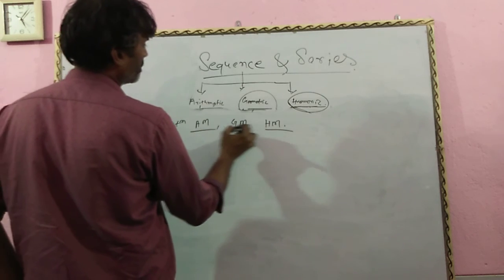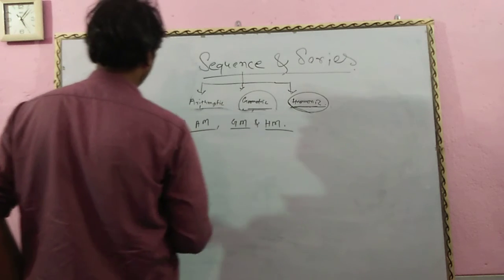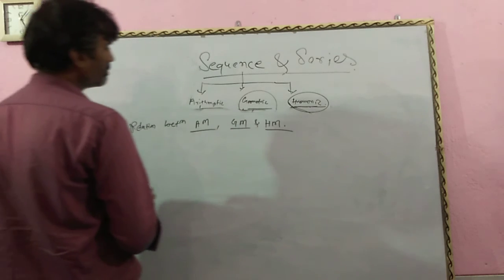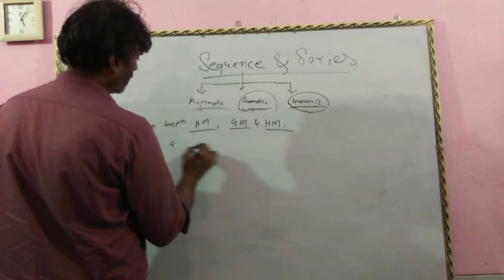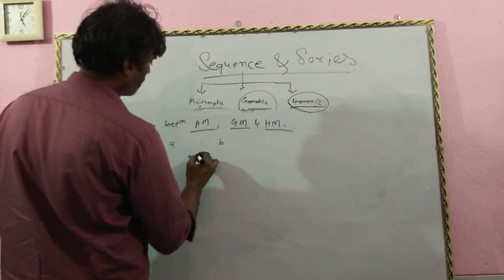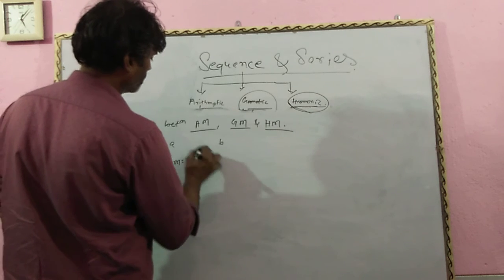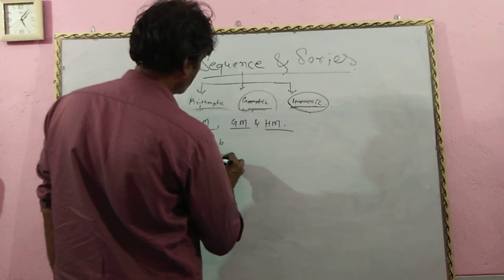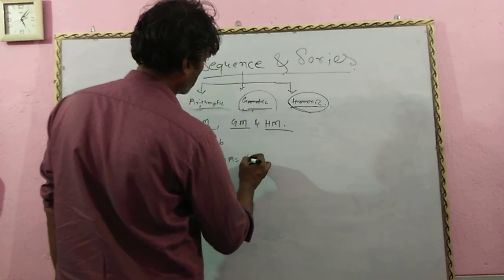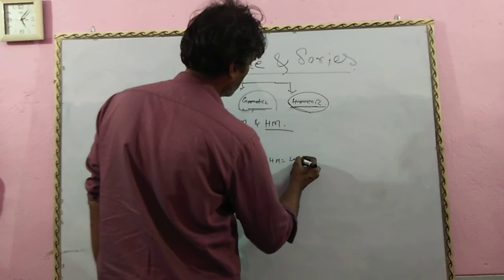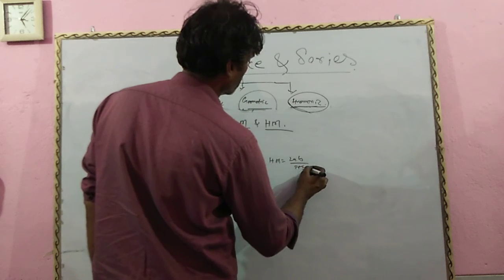If there are two numbers A, B, the arithmetic mean will be (a plus b) by 2, the geometric mean will be root under AB, and the harmonic mean will be twice AB upon A plus B.